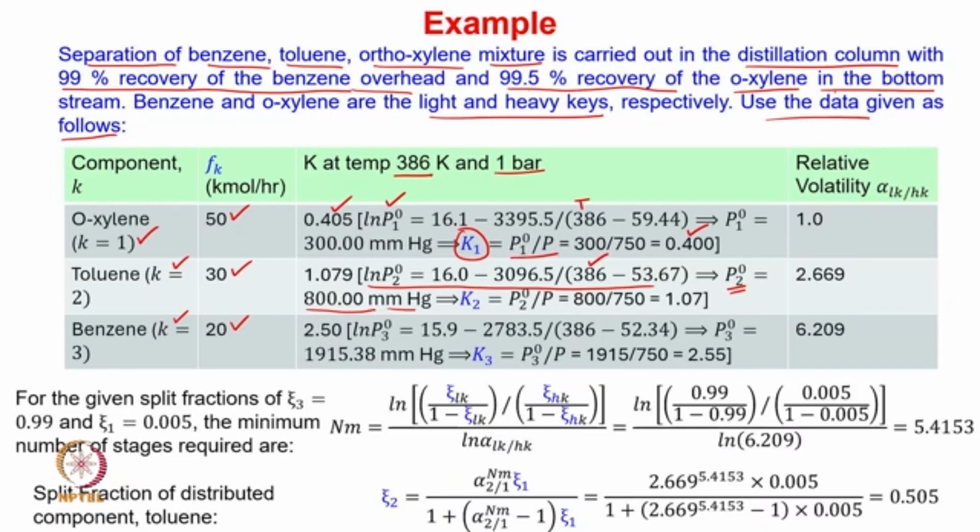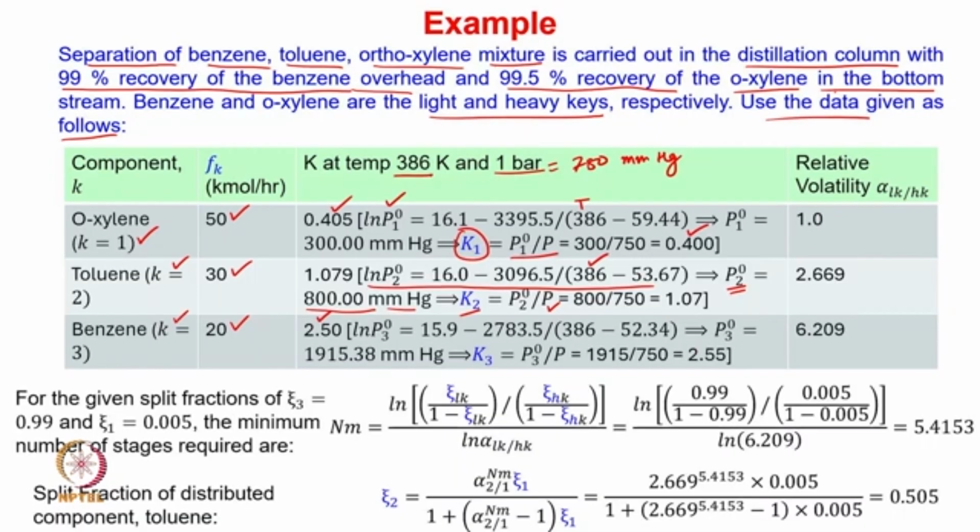From this we can obtain K2, which is P2 naught by P. Here P is 1 bar, which is around 750 mm of Hg. With this we can calculate the equilibrium constant, which comes around 1.079. Also the equilibrium constant of benzene is obtained as 2.50 using the same Antoine equation calculation.